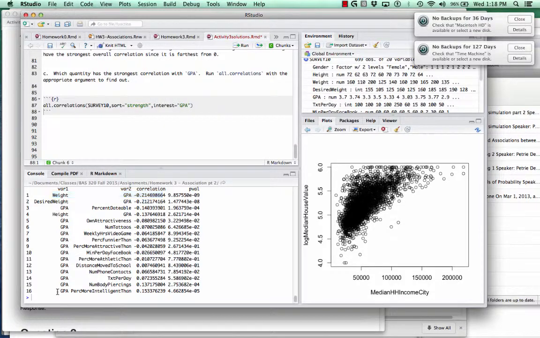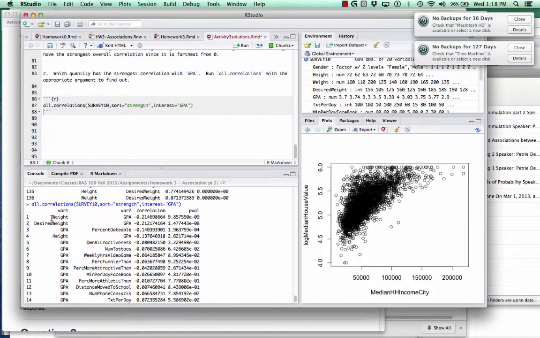The most positively correlated variable is percent more intelligent than, with a correlation of 0.15. So actually the most correlated is with weight, for whatever reason. So weight has the strongest correlation with GPA, with a correlation of minus 0.21.